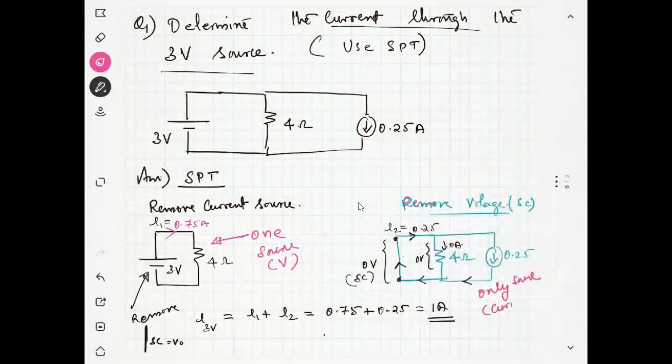Doctor, he means how can there be current without resistance. In the second case, I2, there is no current across the 4 ohm resistance. No current through the 4 ohm resistance.